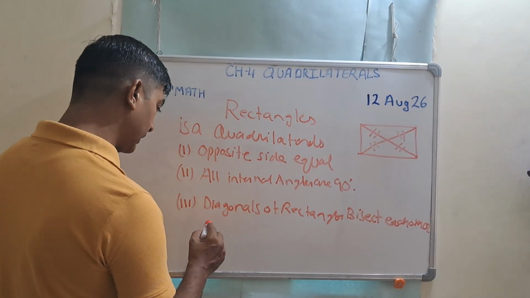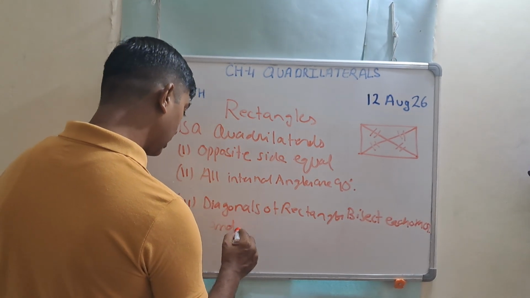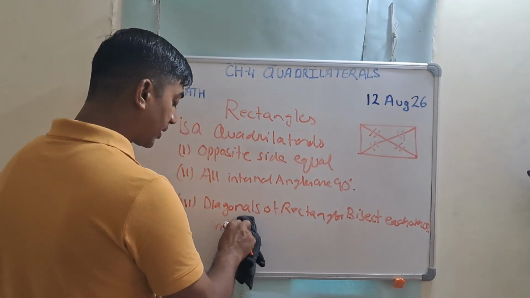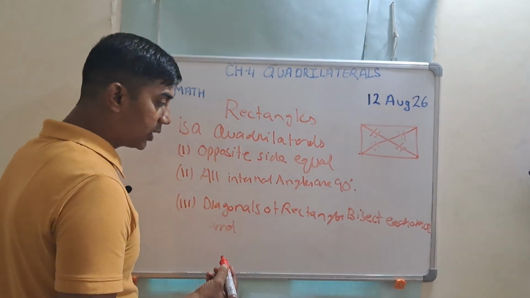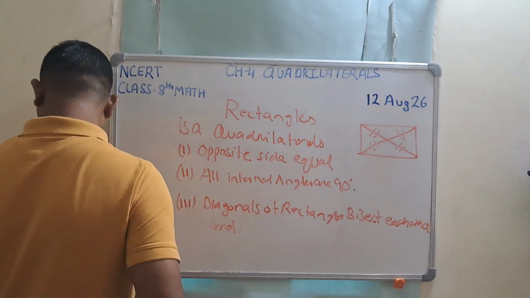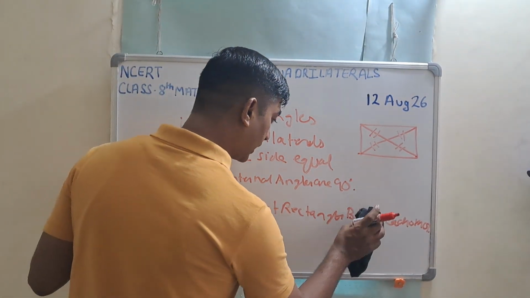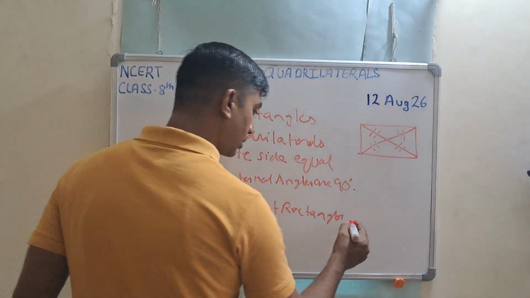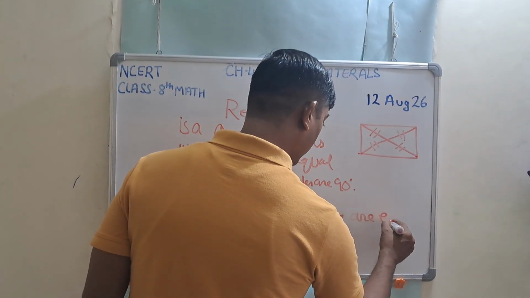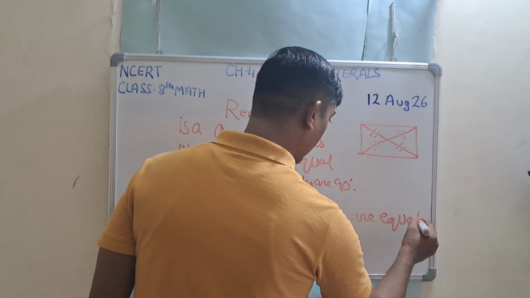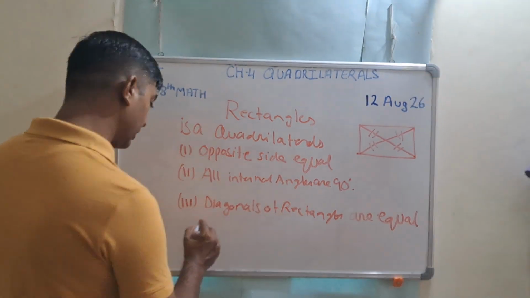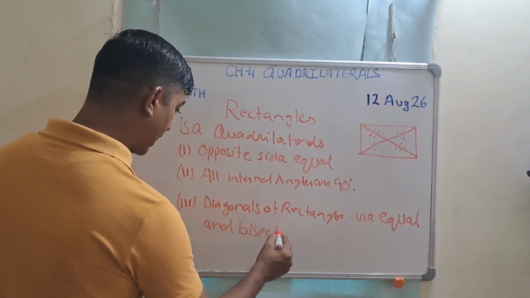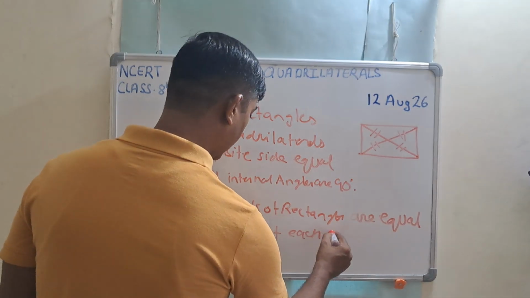Also, this point should be included in this; actually we have to write this first. Diagonals are equal and bisect each other. We correct it. Diagonals of a rectangle are equal and bisect each other.